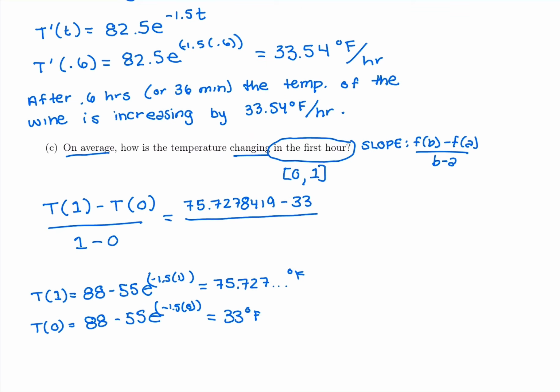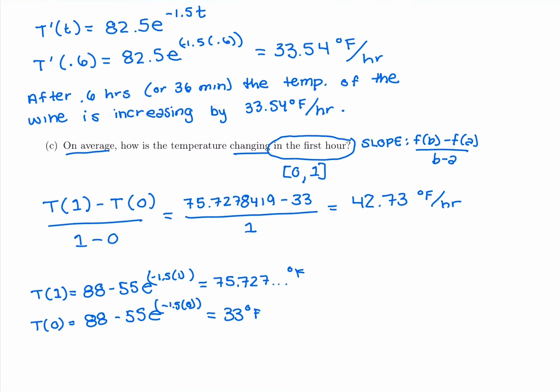76-ish degrees after 1 hour minus 33 degrees when we arrived over our difference in T's in this case is just 1. So on average, we get 42.73 degrees Fahrenheit per hour. So our interpretation is on average, the wine temp is doing what? Increasing or decreasing if we got a positive answer?